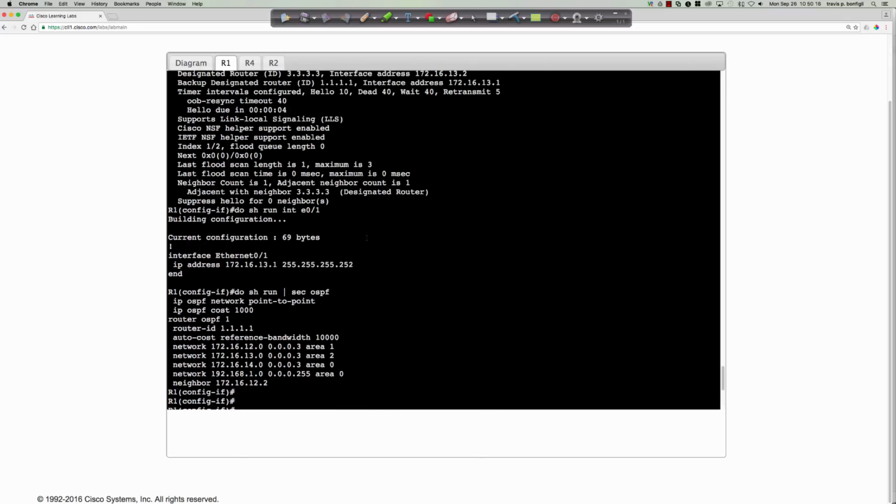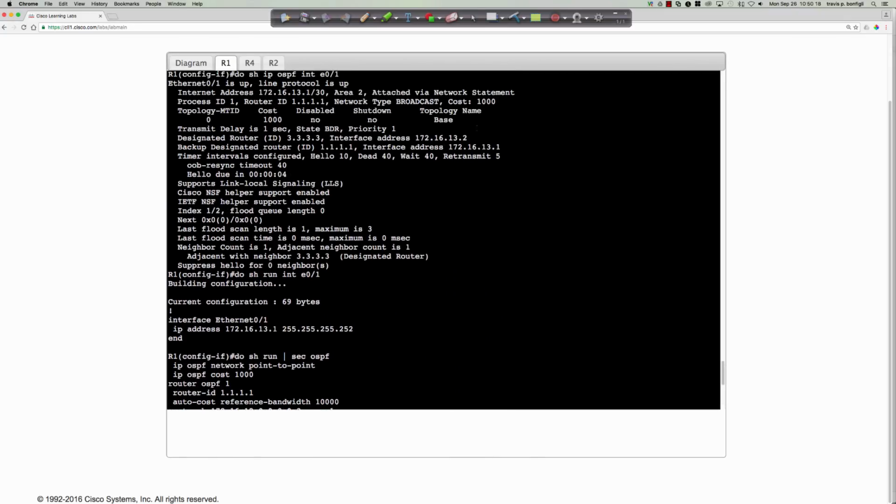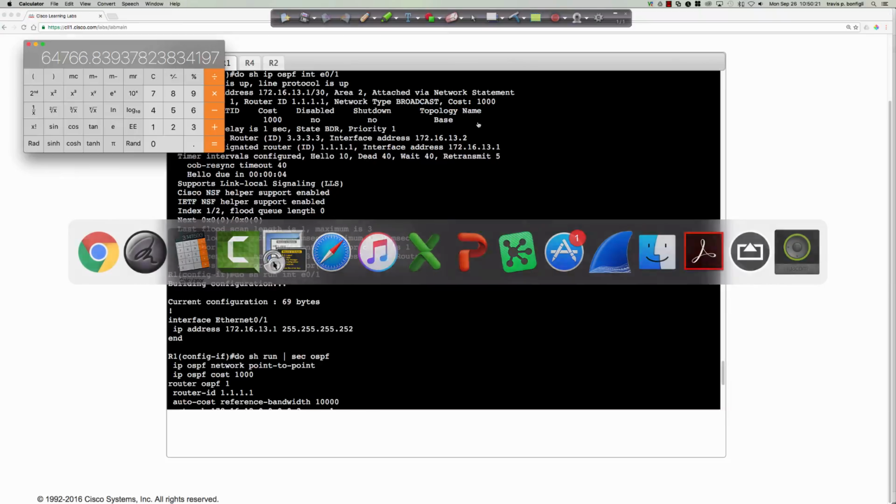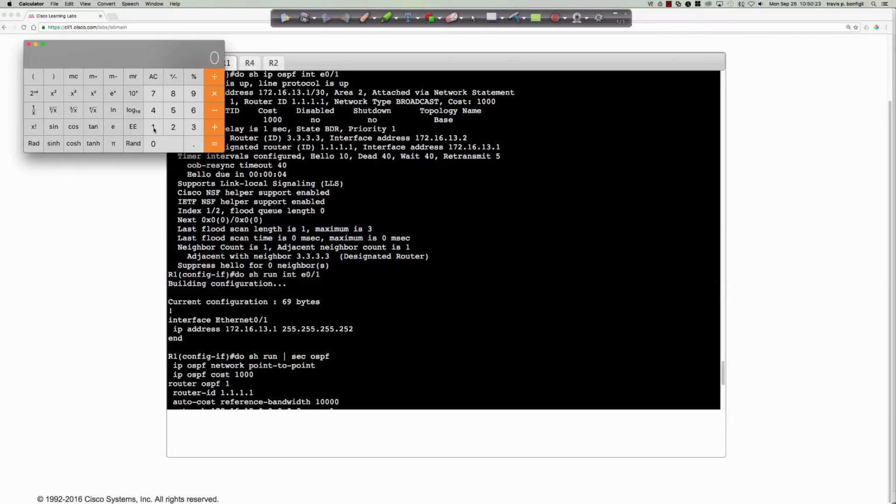The reason we're seeing the cost as 1,000, and let's bring our calculator back, is that our auto cost reference bandwidth for OSPF is currently set to 10 gigabits a second. When I divide that by the bandwidth value of this interface, which is 10 megabits per second, there you go. That's why the cost is showing up as 1,000.